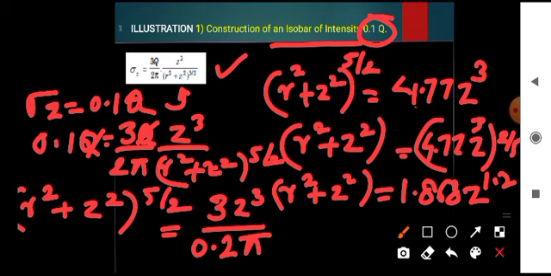So this is the equation form after simplifying: r square plus z square is equal to 1.868 z to the power of 1.2. Finally, if we simplify further, we will get an equation of this kind.